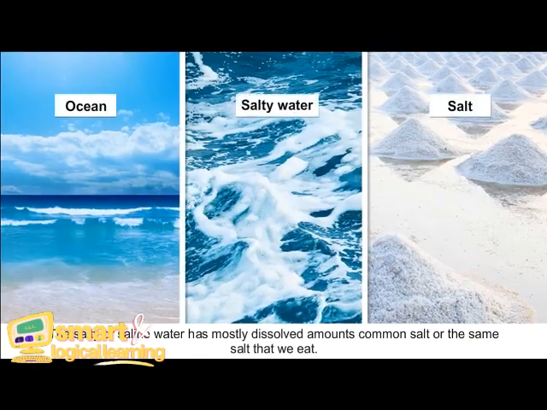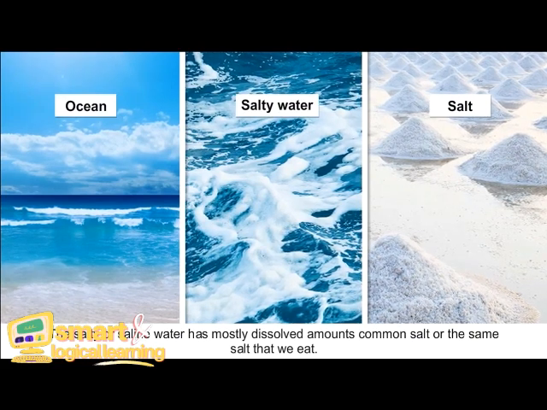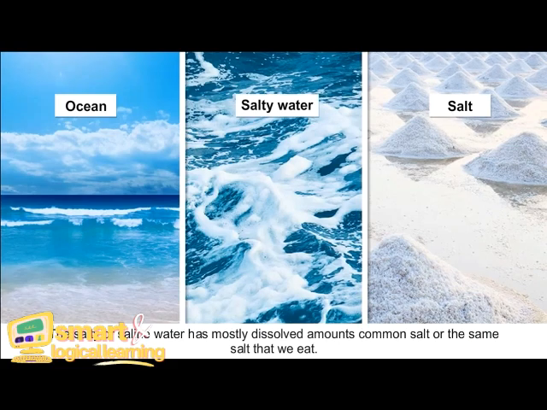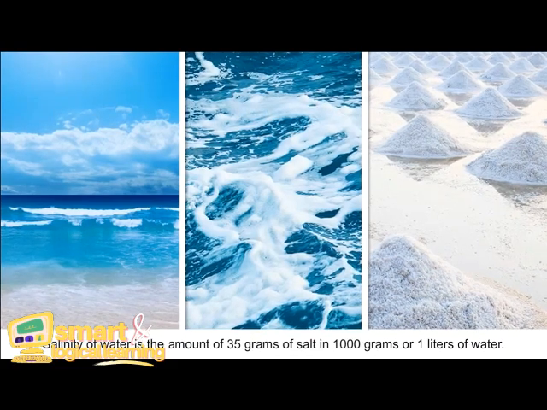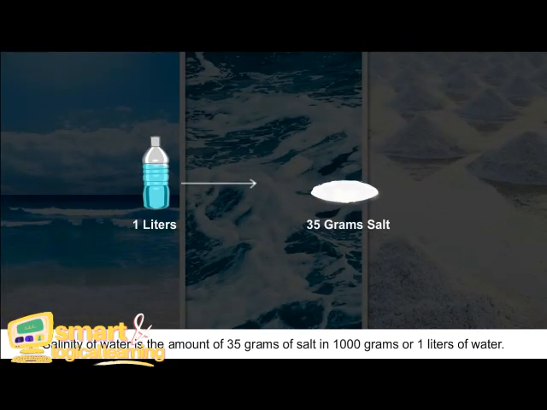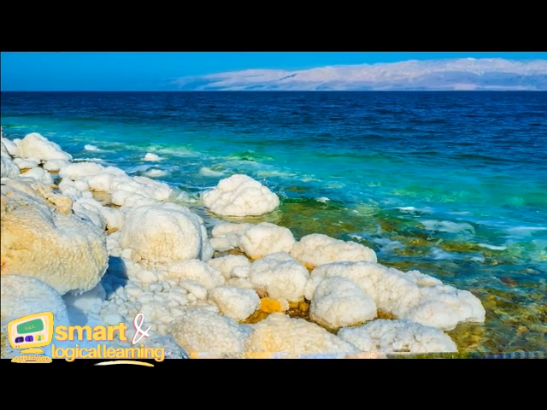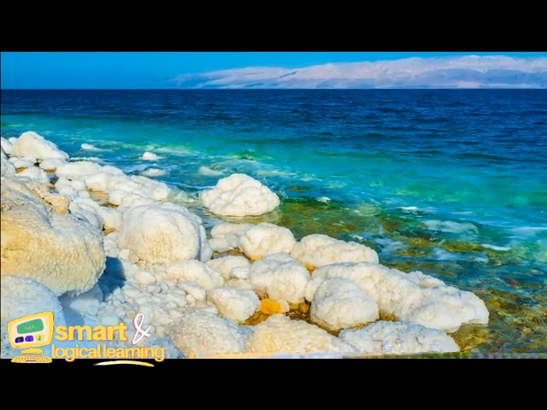The salty or saline water has mostly dissolved amounts of common salt or the same salt that we eat. Salinity of water is the amount of 35 grams of salt in 1000 grams or 1 liter of water. The average salinity of the oceans is about 35 parts per thousand.